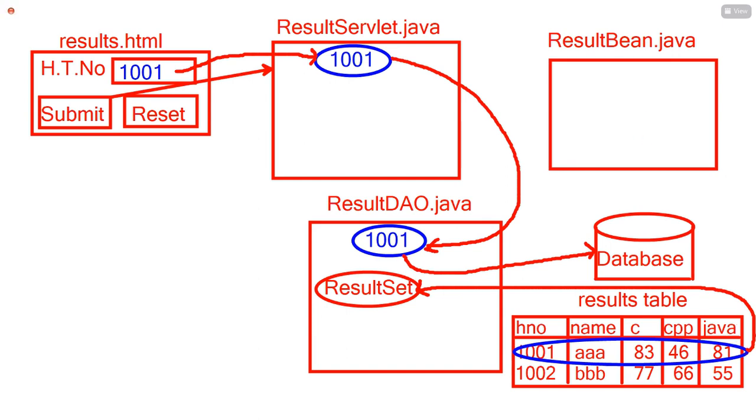Here from the database you'll get the result set. This hall ticket number will be passed, and what we'll do is select star from results. Data comes, and you will get that data as a result set.